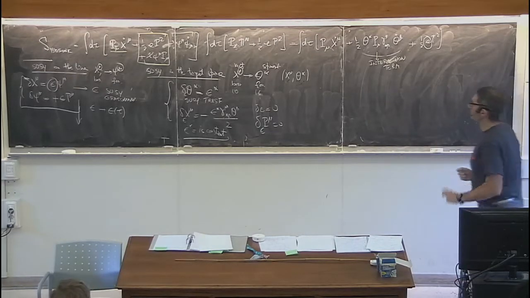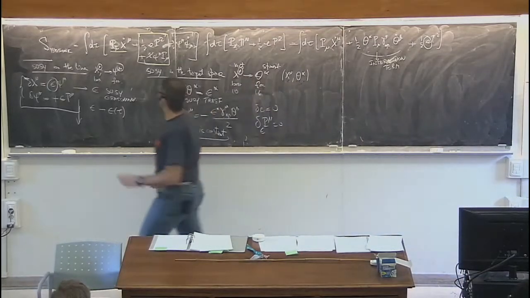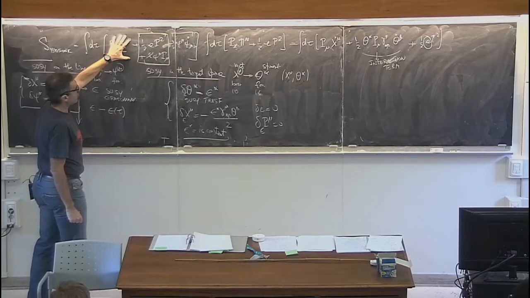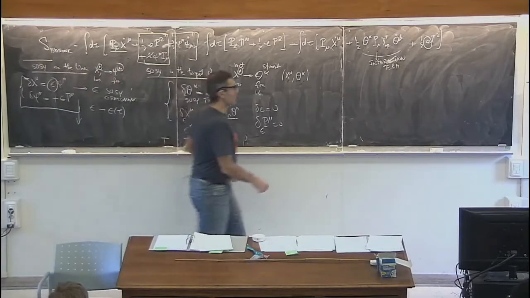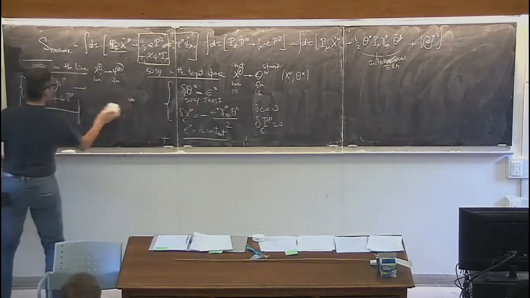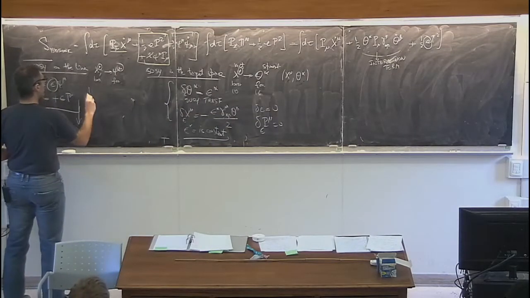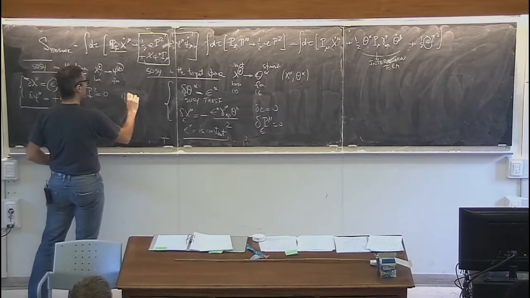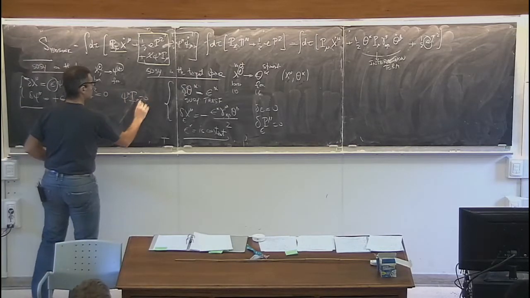The second thing, I want to tell you another fact. Do you remember that yesterday we analyzed this action here, and it turns out, as we have also seen this morning, that two constraints emerge. One constraint is p squared equal to 0, and the other constraint is psi^mu p_mu equal to 0.